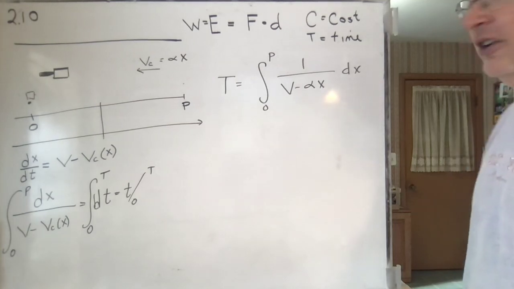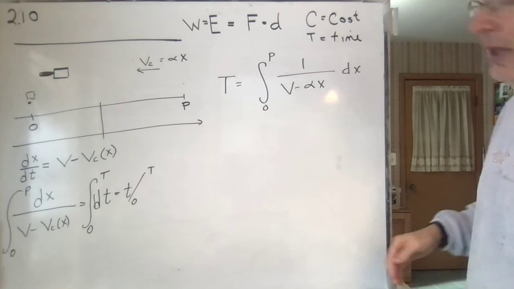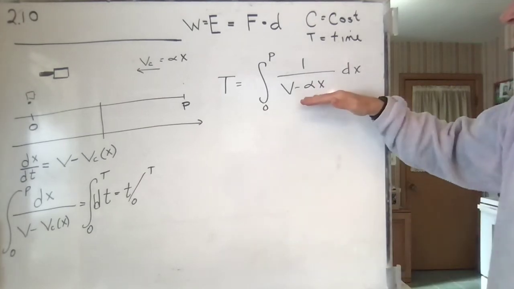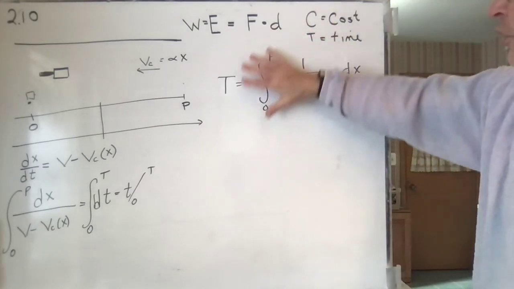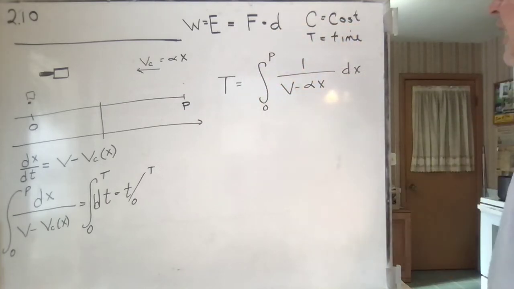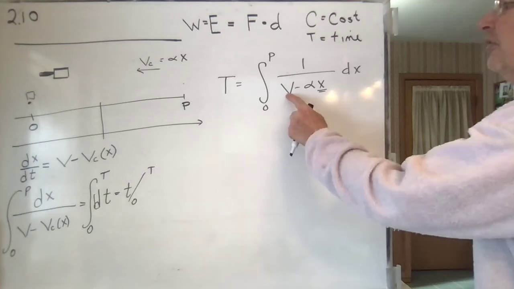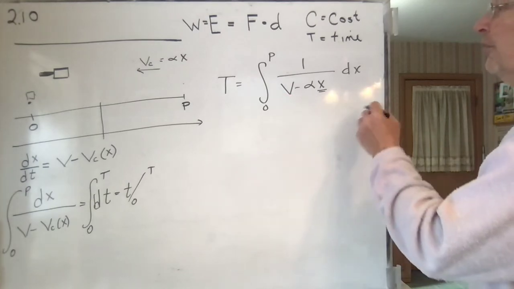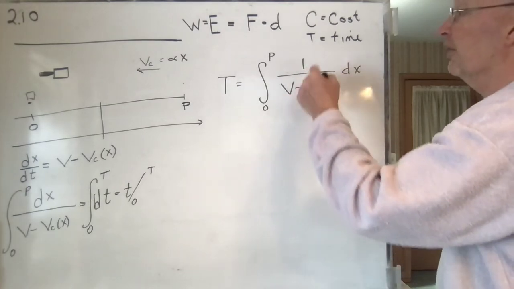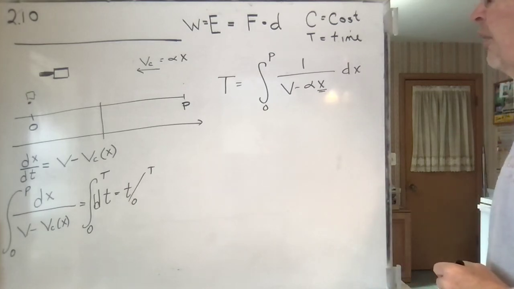So this is as far as I'm going to take you on this one. I give you directions for how to finish it now, but the next step is to find the antiderivative of that. Notice that x is your variable. See that? x is your variable. This is just a constant. So you can use substitution or just think about it, you're going to end up with a logarithm.